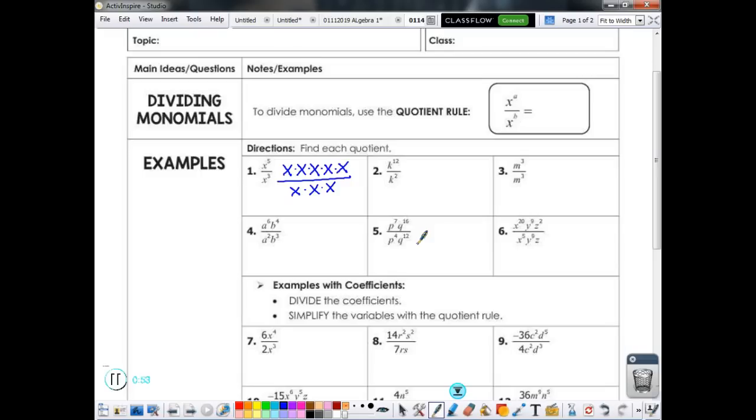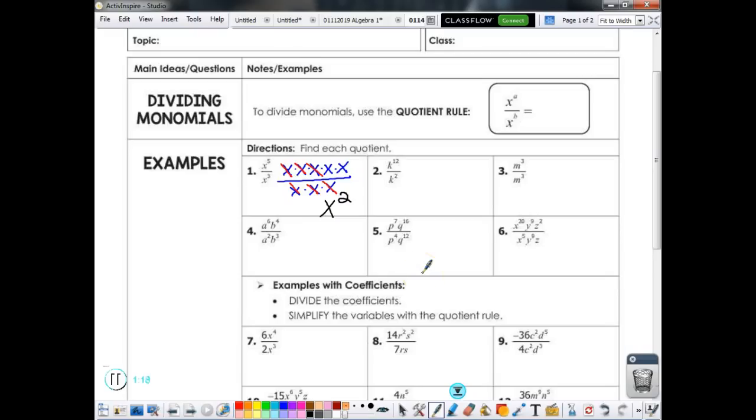So if x divided by x is 1, that means this is 1, this is also 1, and this is 1, right? I can cancel out or simplify each x over x to 1. So x cubed divided by x cubed is 1, and I am left with x squared.